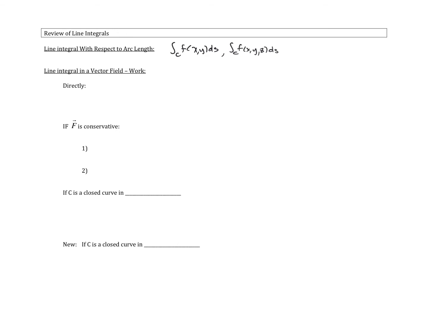There was no vector field around in this case. What we did is we replaced ds with magnitude of r prime of t dt, and we put in for x and y and z our parameterization of our curve. So we got that all in terms of t.